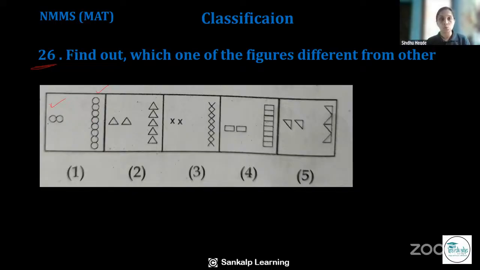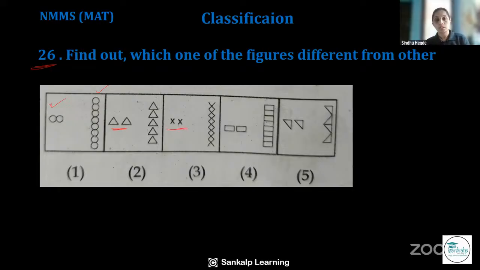See here, two circles which contact each other, and so many circles are continuously touching or connected to each other on the right side. Here also a triangle shape is on the left, and similar triangles are connected one by one on the right side.